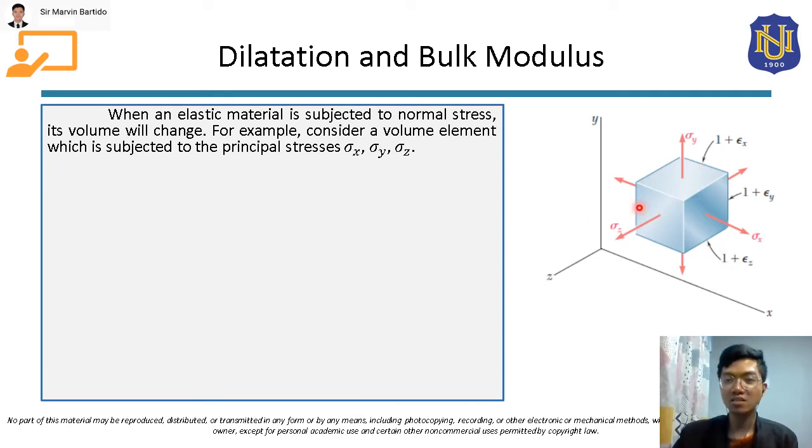So this volume element is subjected to these stresses in all the principal directions. There's a normal stress in the x direction, that is sigma x, in the y direction also, and in the z direction. Let's say that the original side of this element is 1.